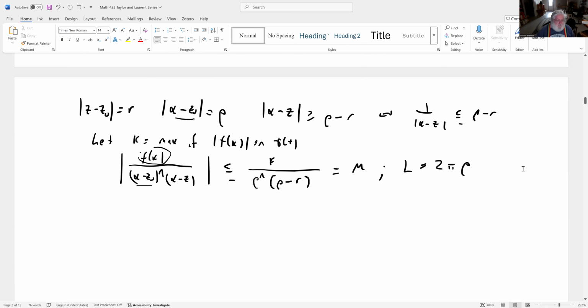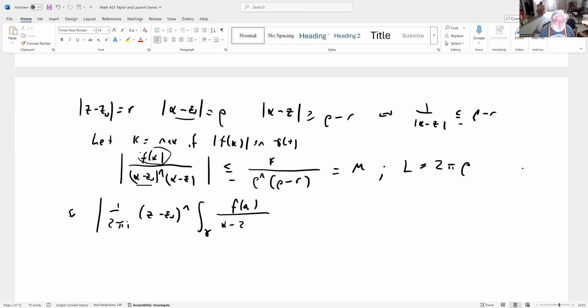So what we have then is that the integral around gamma of f of alpha over alpha minus z naught to the n, alpha minus z, d alpha is less than or equal to, well, we have 1 over 2 pi.